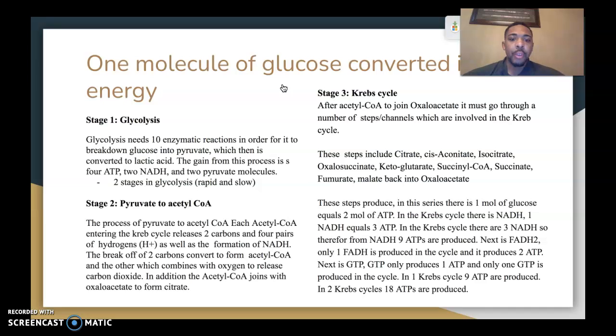And since FADH is only produced once, and FADH only produces 2 ATP, there's only 2 ATP from that. Next is GTP. GTP only produces 1 ATP, and there's only 1 GTP in the cycle. So in one Krebs cycle, there are 9 ATPs produced, but since it has to happen twice, 18 ATPs are produced.